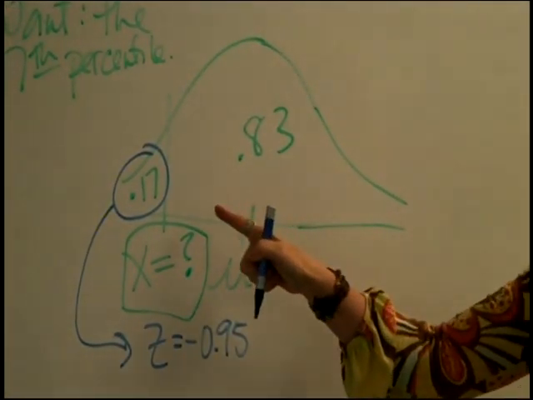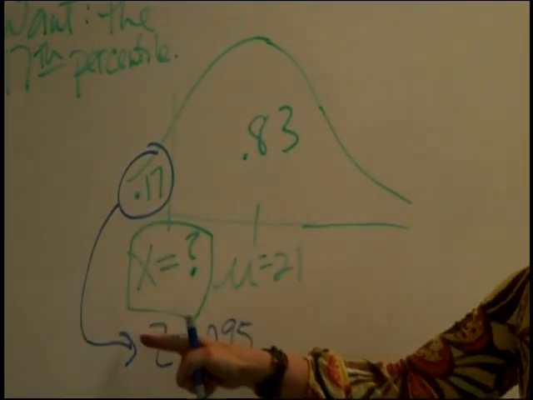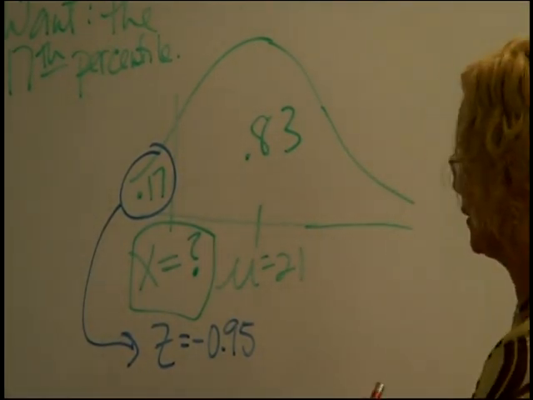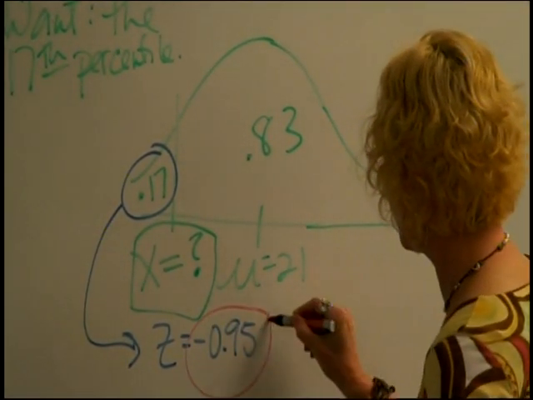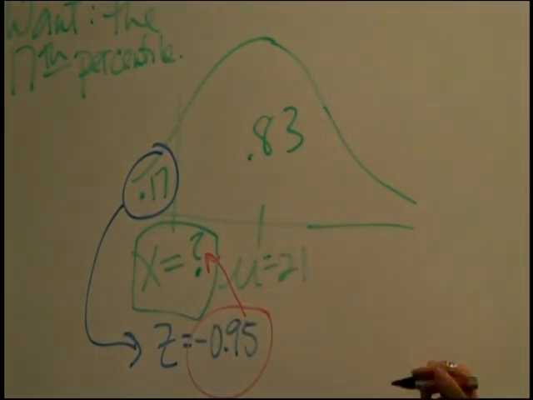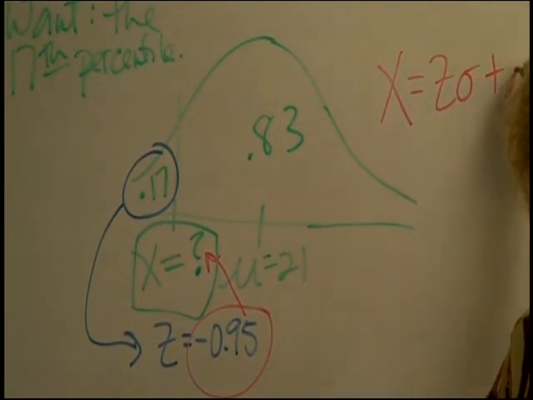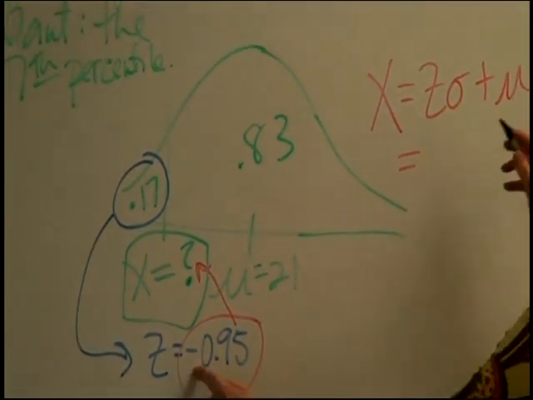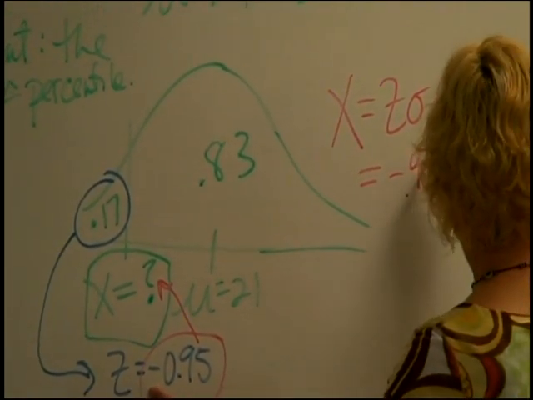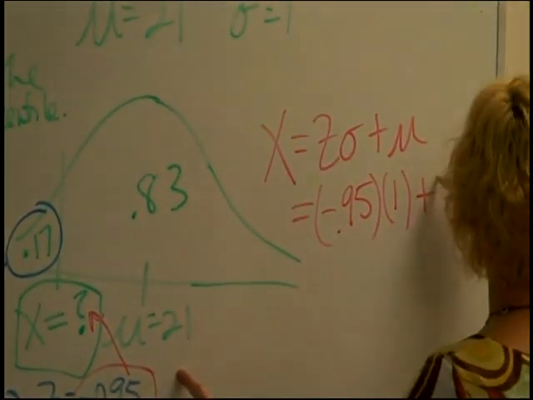So first step, you use the table backwards to find the z-score. Second step, you take the z-score and plug it into the reverse z formula to get back to what that x is: x equals z sigma plus mu. Take the z-score, note the positive or negative, it's really important, multiply it by the standard deviation and add the mean.